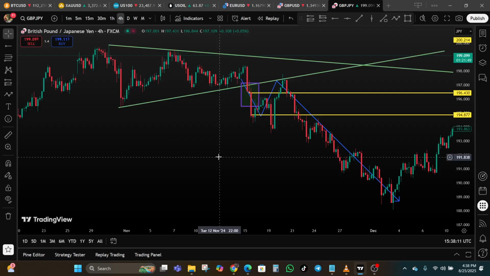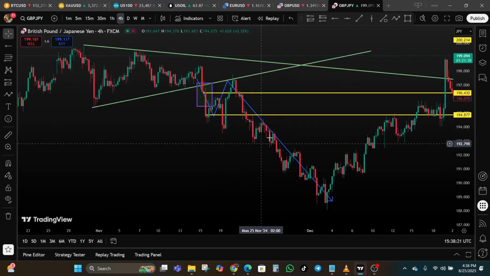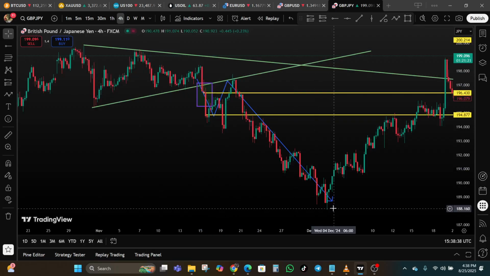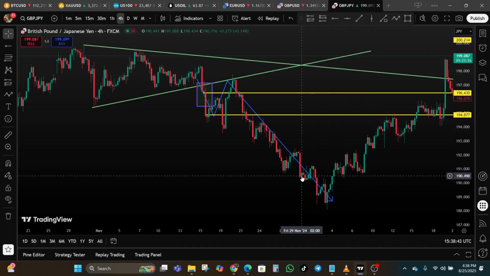The ICT Farewell Strategy teaches that these gaps are prime areas to look for entries. Price tends to return to these zones before continuing in the intended direction, and you can see that's exactly what happened after this strong impulsive move. Price went back up, filled this gap, and in fact went back up to test this breakout trend line before continuing in the original direction. So that gives traders a clear and logical point of interest.